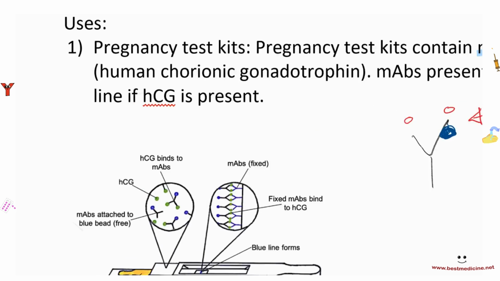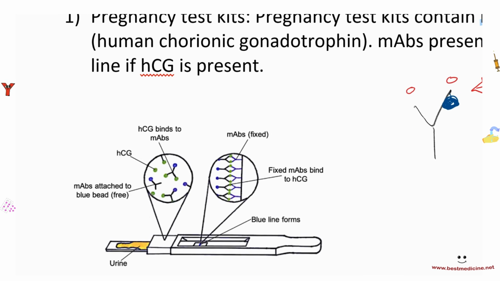Okay, so let's have a look here again. So this is a pregnancy test kit, a home-use pregnancy test kit, and the pregnant individual will go ahead and pee on this, and the pee will contain HCG, right, which is going to go in.